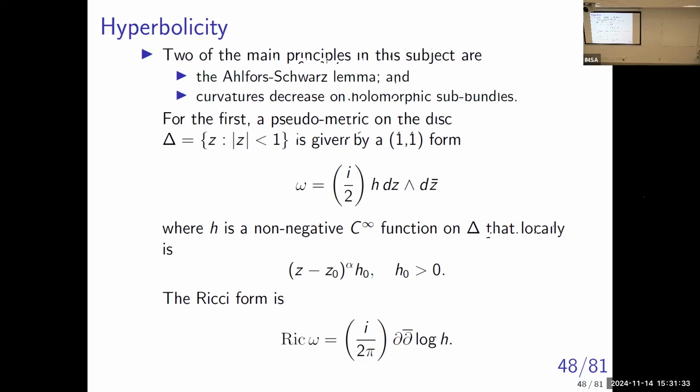Interpreted intrinsically, that says that you take the Poincare metric on the unit disk, the metric of constant negative curvature, and the Schwarz lemma then intrinsically tells you that any holomorphic map of the disk to itself decreases distance in the Poincare metric.